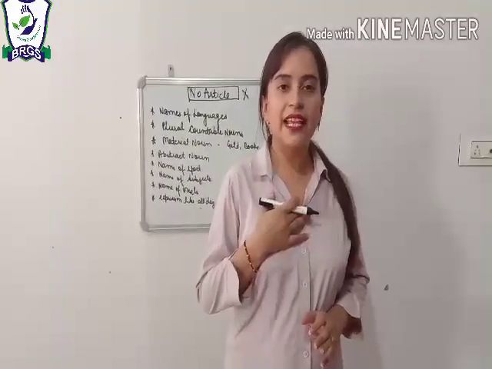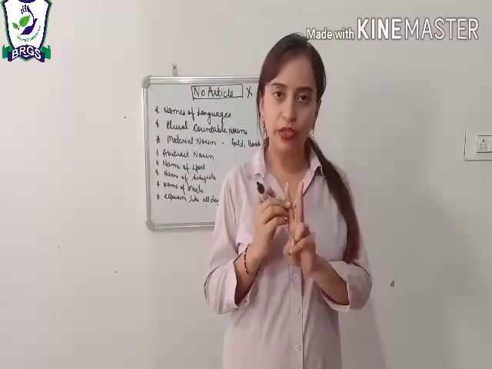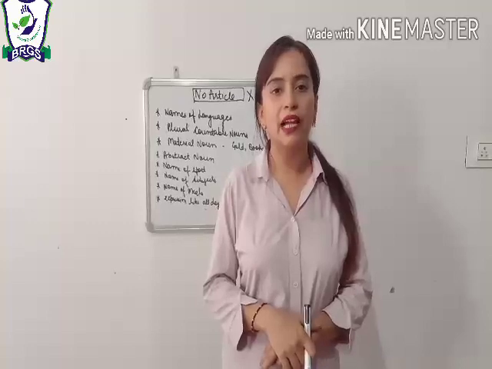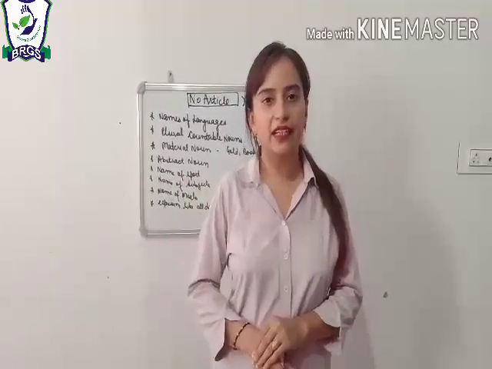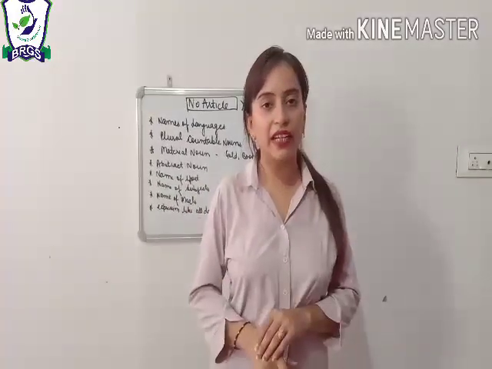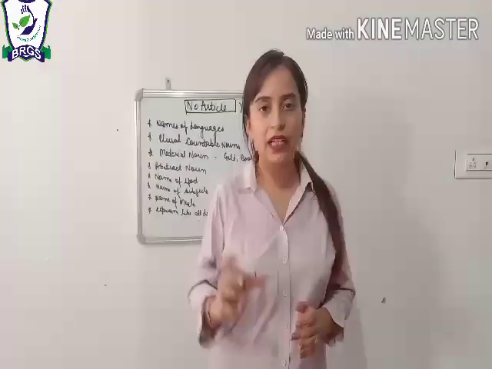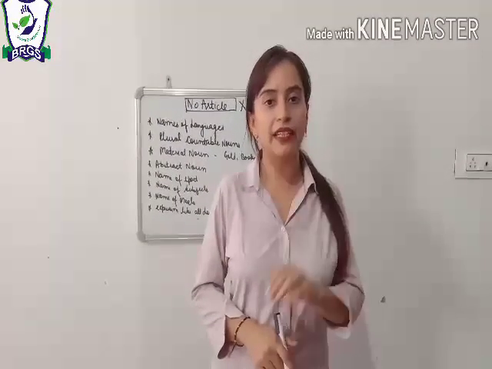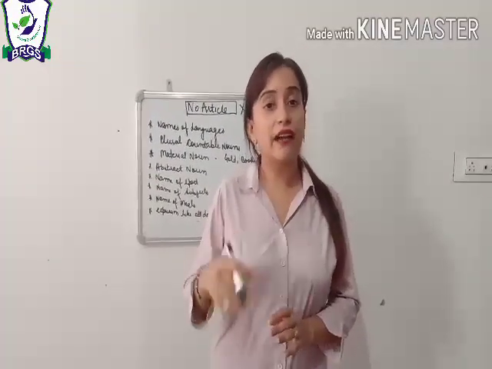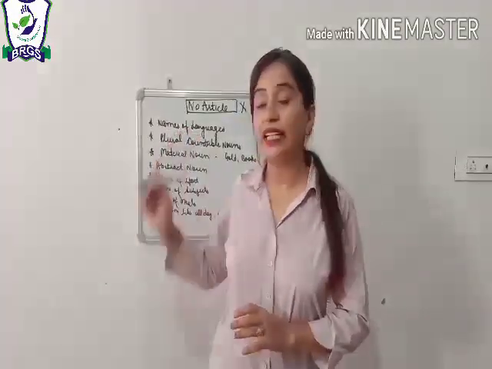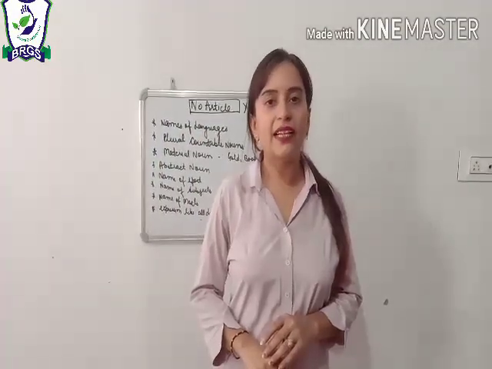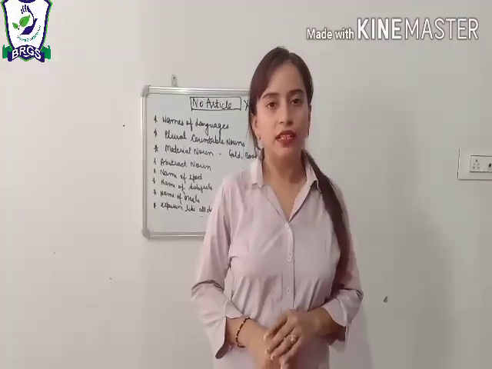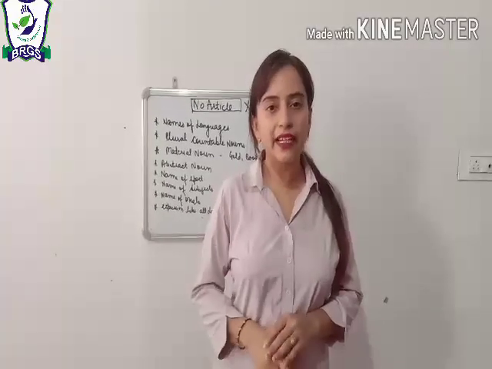So if I say, for example, I am having two cats, one of black color and one of white color, and I write I am having a black white cat, the meaning we can derive is that I have a cat whose color is black and white. But I want to say that I have two cats, one black and one white. Then I have to repeat the article. I have a black and a white cat. Understand? So sometimes we have to repeat our articles to make things more clear.